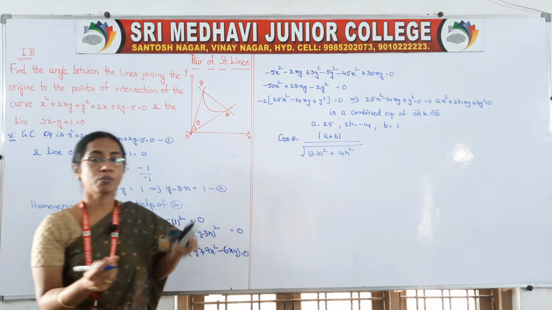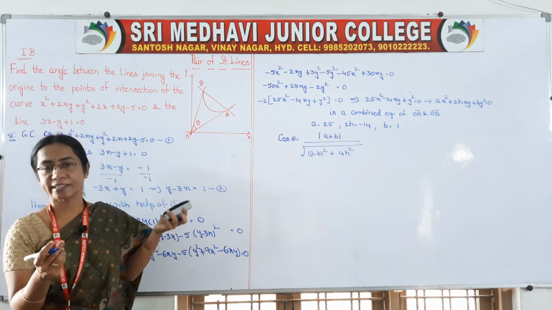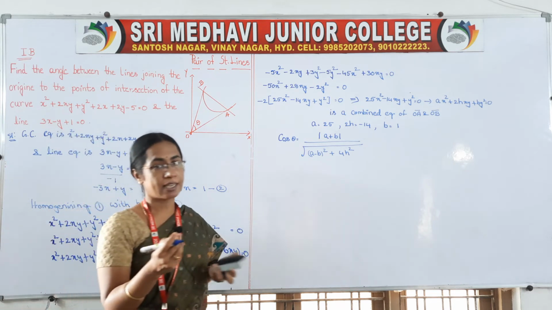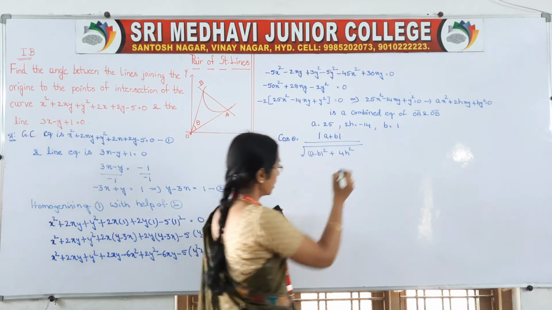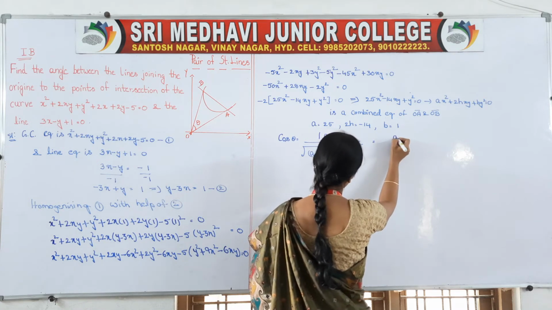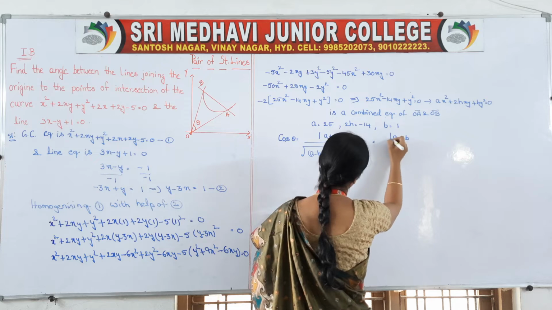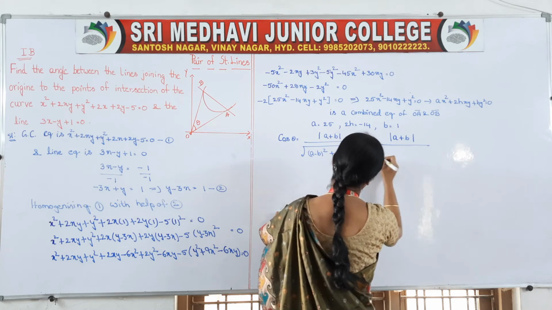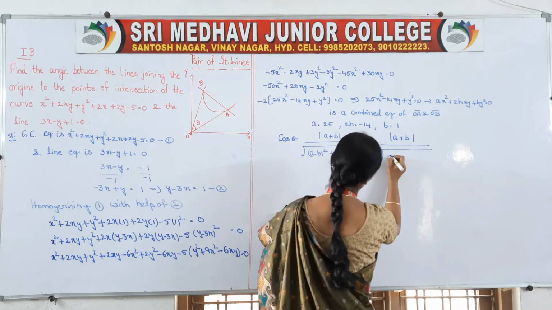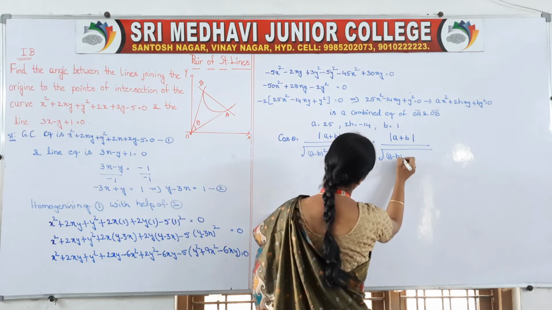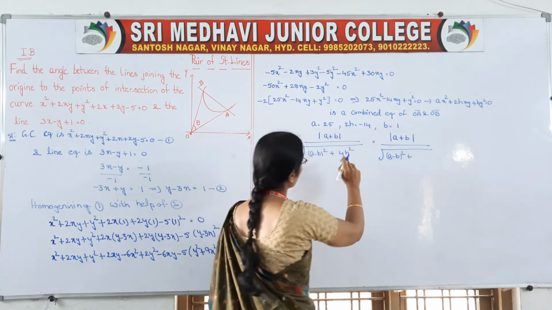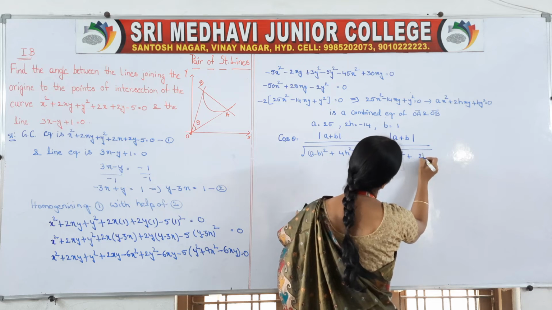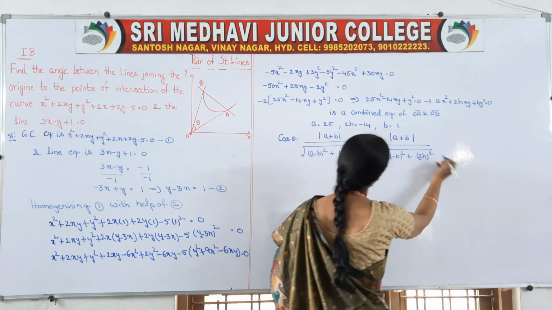This is the formula we derived, we proved this theorem in previous classes, right? So here we can write this as modulus of A plus B by root of A minus B whole square plus 4h square, which can be written as 2h whole square.